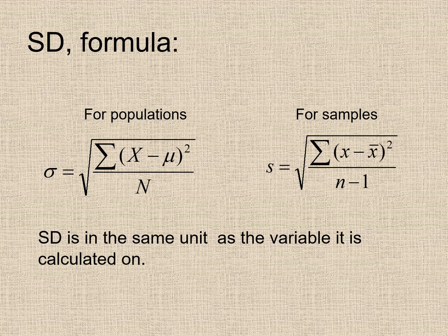So we square that difference and we divide by the number of observed values n, because this would give the average, the mean square difference from the mean. So in the end, we take the square root of this.